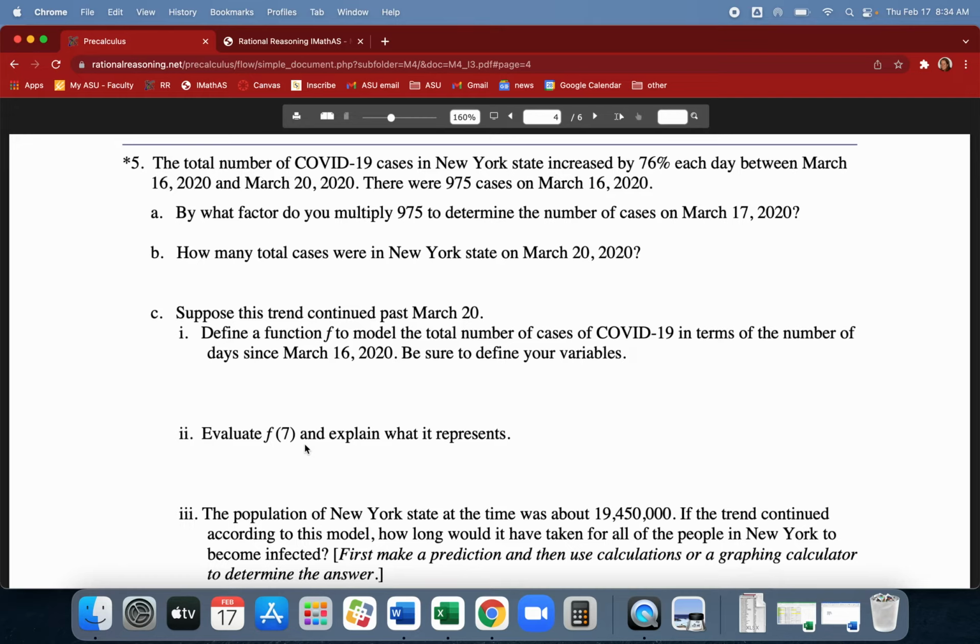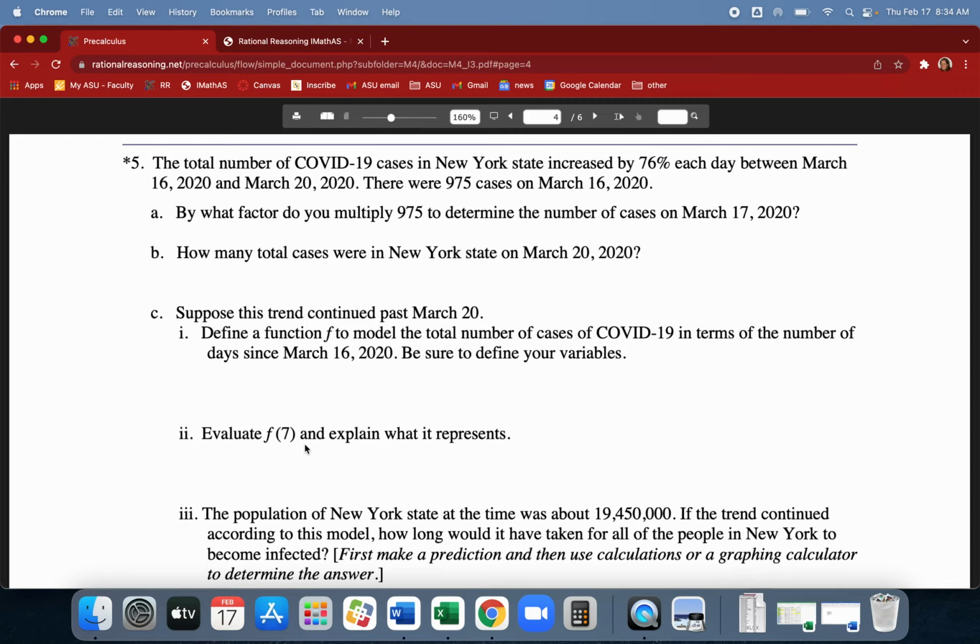Another way to think of that, though, that may be less confusing, is to say, well, this is the growth factor for 1 day. If I'm only going to be dealing in weeks and not dealing with days, then I'm not going to be dealing with 1 of these at a time. I'm always going to be dealing with 7 of those at a time.